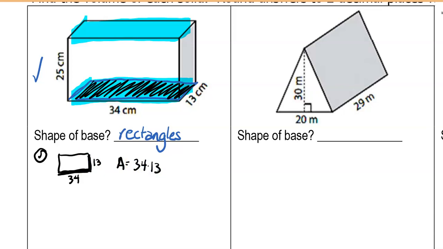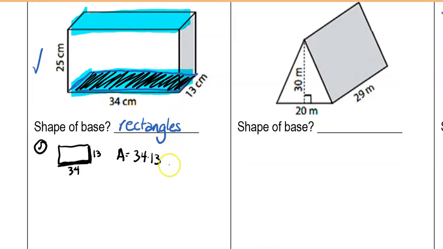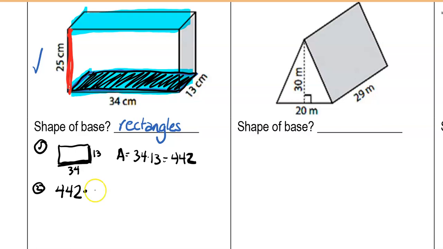But we've got 34 times 13, so I have 442 as the area of a base. And then my second job is to take that 442 and multiply it by however far I have to go to get to the other base that I highlighted. So that's why I focus so much on the bases. So since it's 25 centimeters from one base to the other, I'm going to multiply by 25.